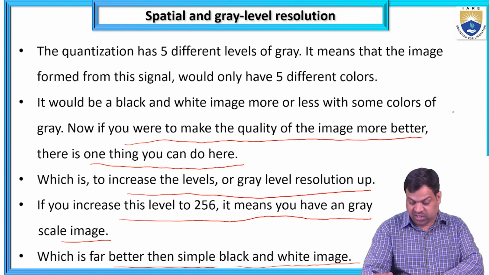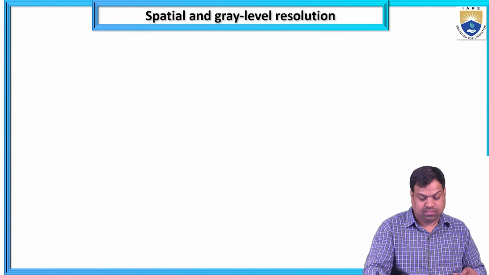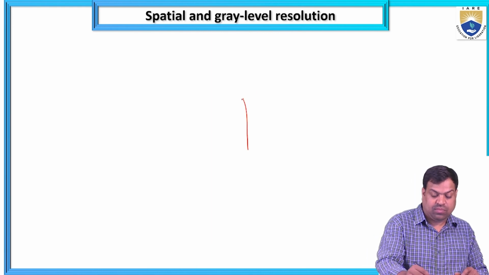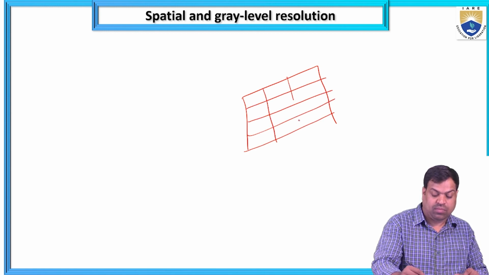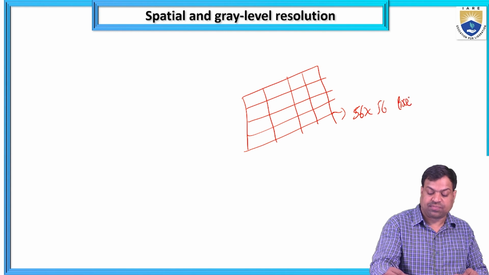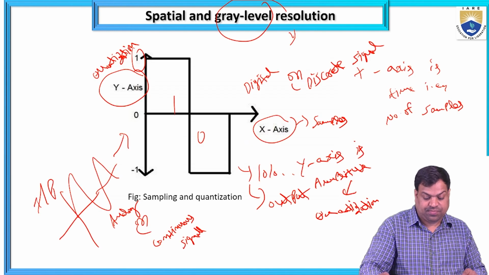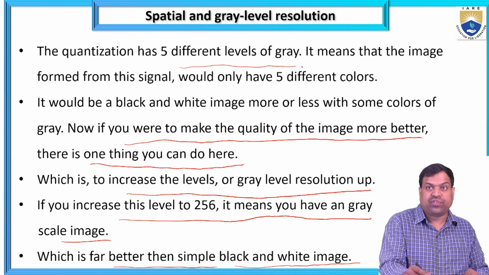Suppose I am taking 56 by 56 pixels. The quantization has 5 different levels of gray.